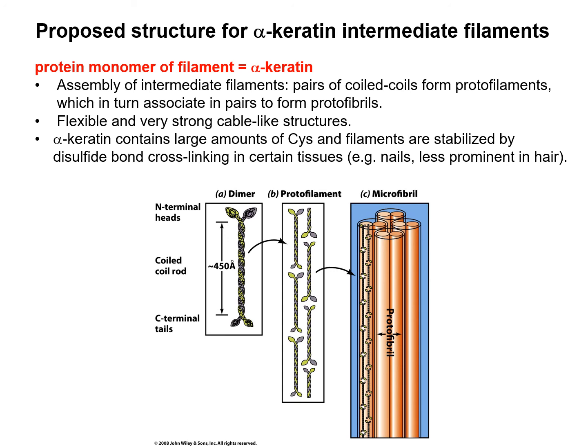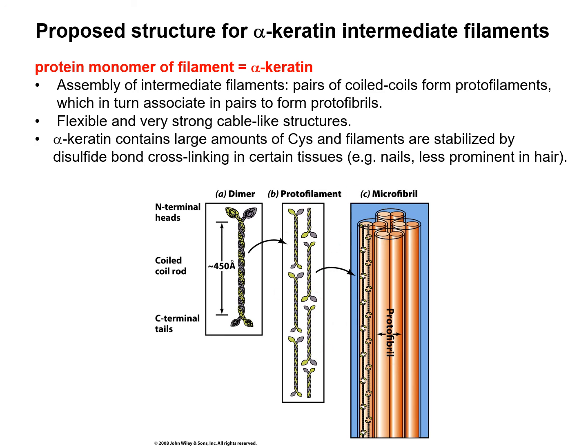So in this case, they form it between these protofilaments to stabilize the structure, making the cross-linking in certain tissues. So it is rich in the nails, which have a pretty rigid and strong structure, but less prominent in hair. As you can feel, the hair is more smooth, so there are fewer alpha keratin higher order structures formed there.